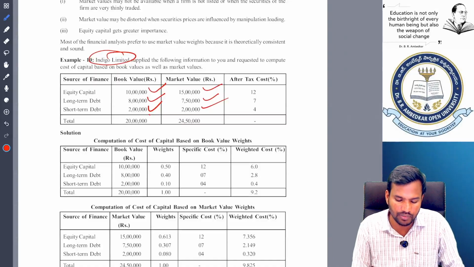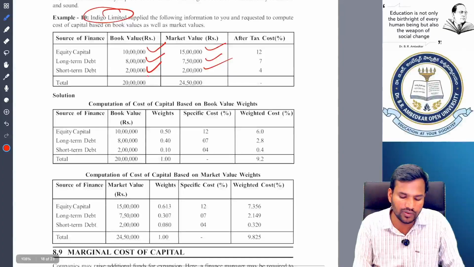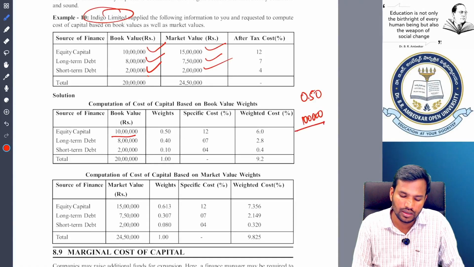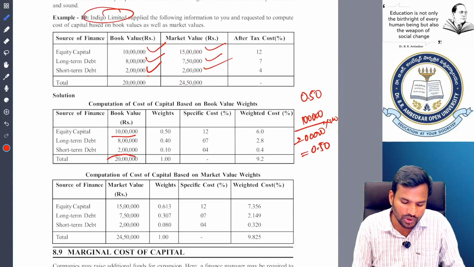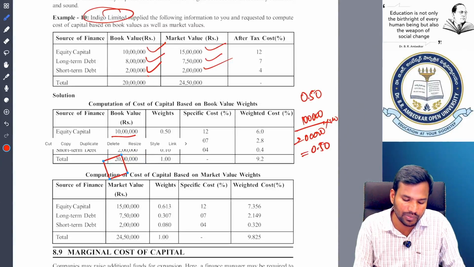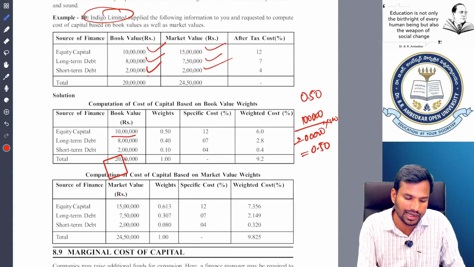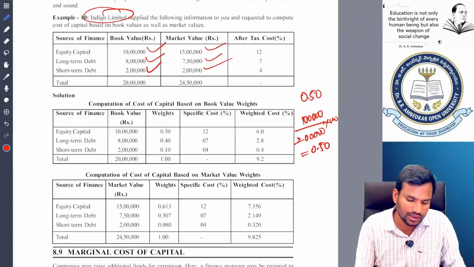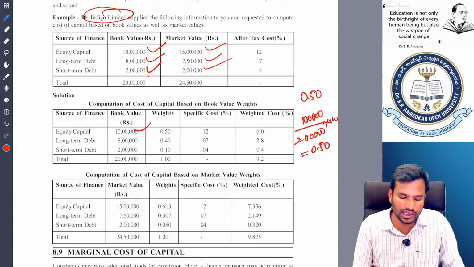First of all we have to calculate based on the book values. Equity capital 10 lakhs: how do we get the weight 0.50? 10 lakhs divided by 20 lakhs into 100, which is 0.50. Out of 20 lakhs, equity capital is 10 lakhs, meaning 50% is equity capital.